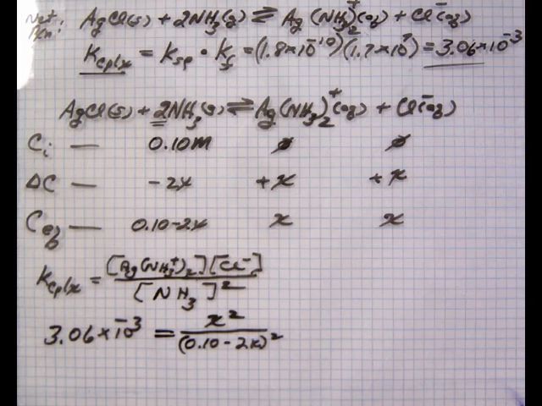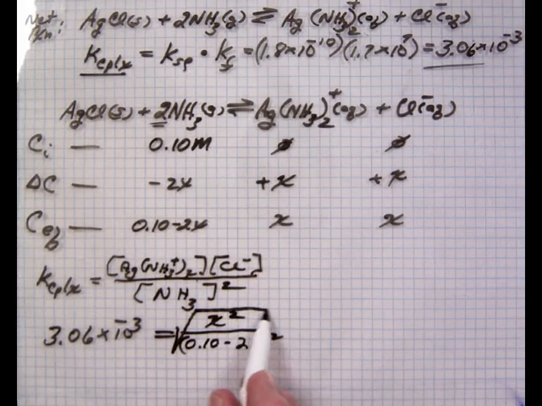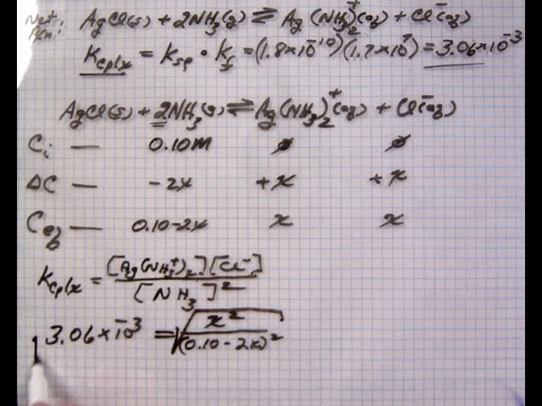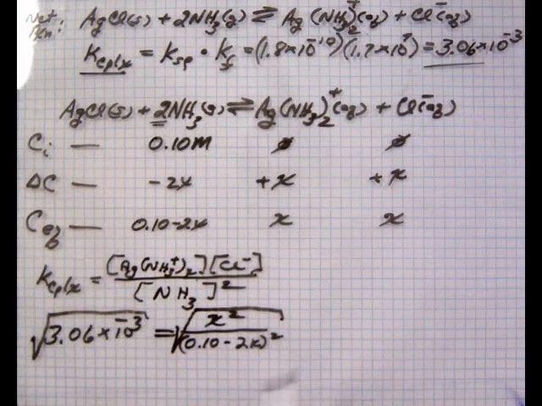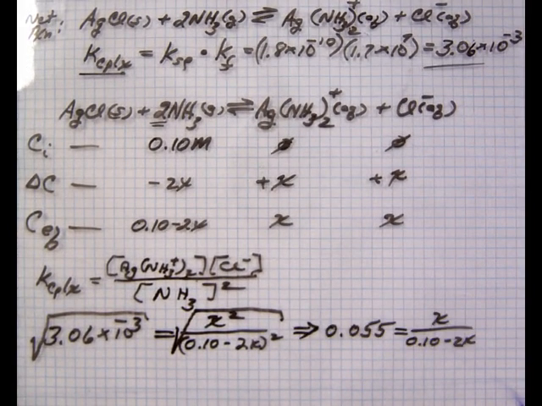Now this expression can be simplified if we take the square root of both sides. So we will take the square root of both sides of this, and that simplifies to 0.055 equal x over 0.10 minus 2x.